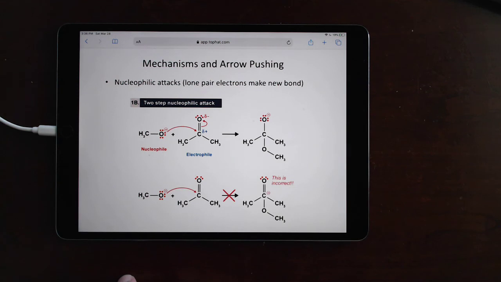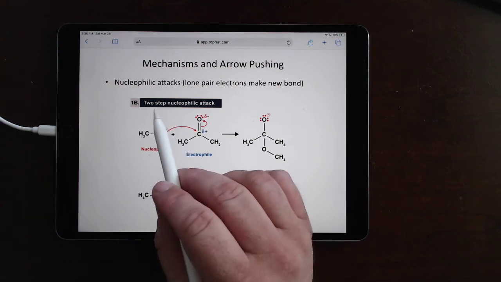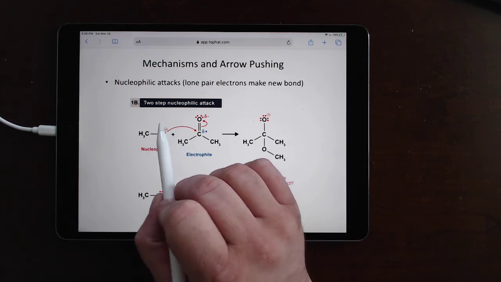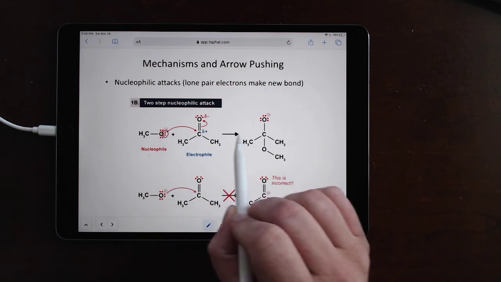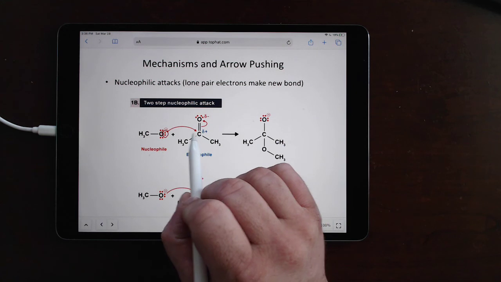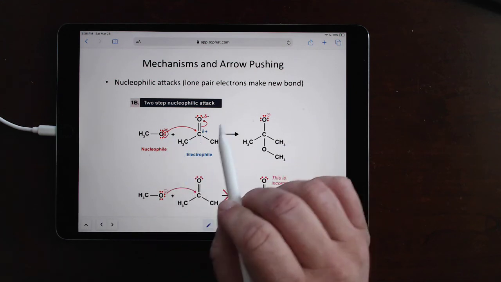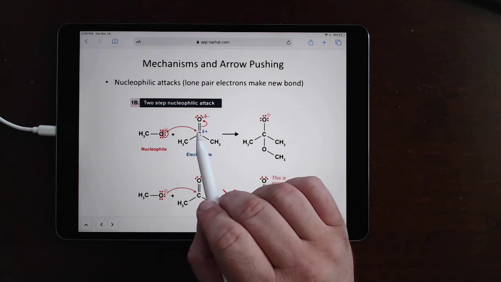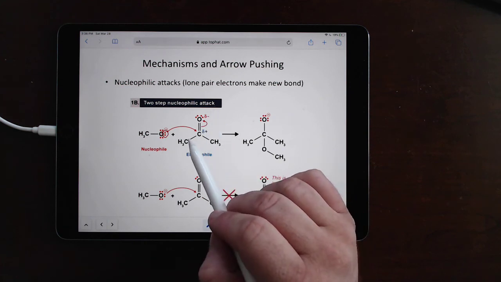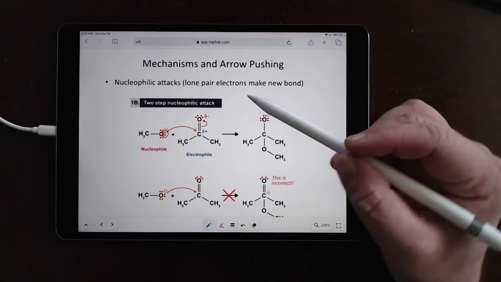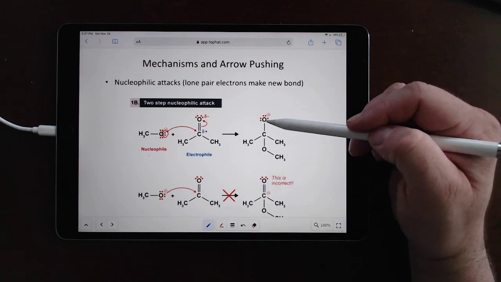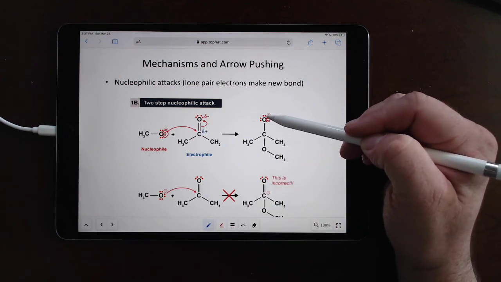The other way that we can do it is a two-step, where again we've got a negative charge attacking a partial positive, but when we make that bond there, carbon can't have 4 bonds. The easiest way to do it, instead of breaking one of these single bonds, is to push these electrons up so they form a new lone pair here.